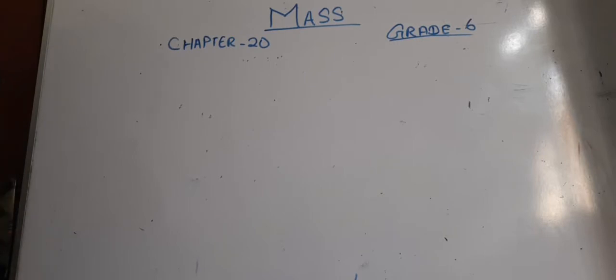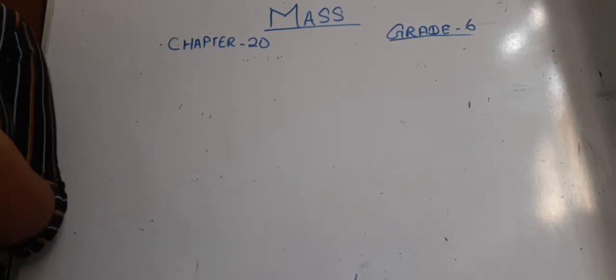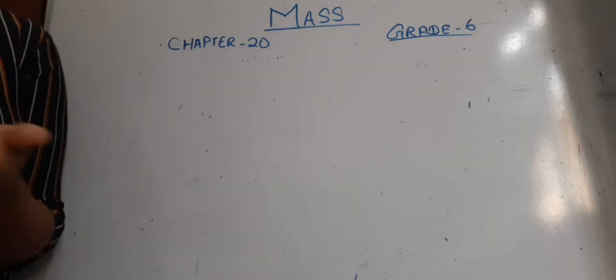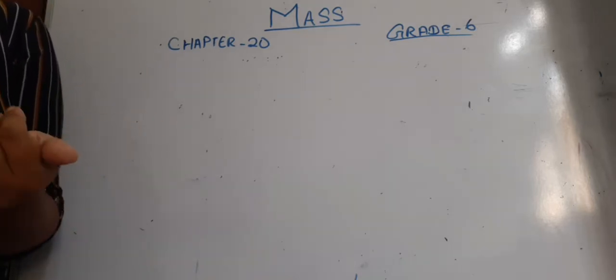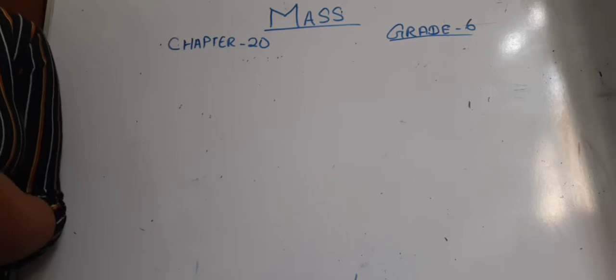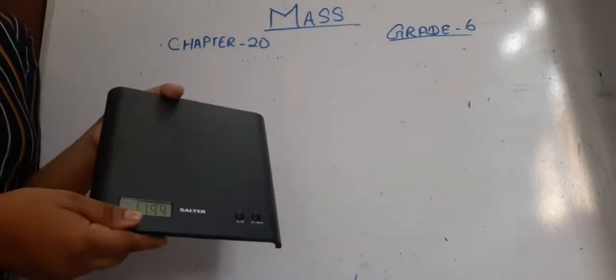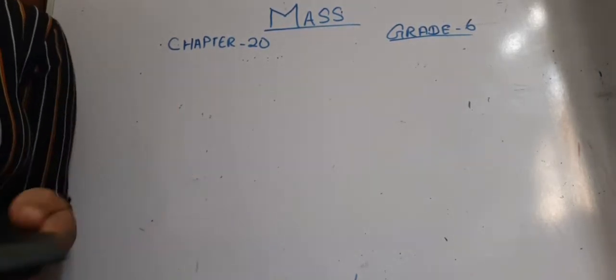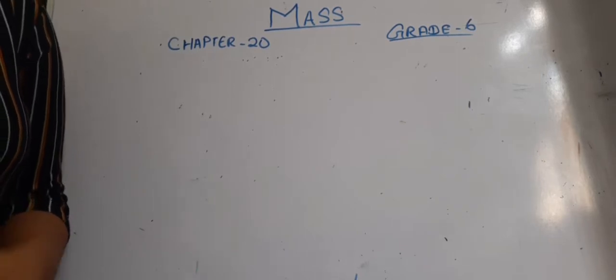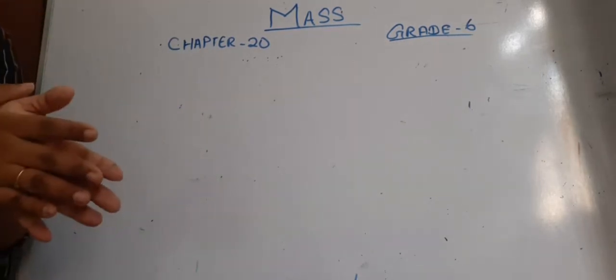To give you another example, to weigh a human's mass, can you stand on this instrument? You can't, right? So for that we have a different kind of weighing scale.